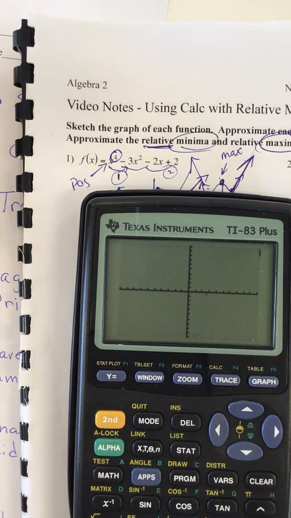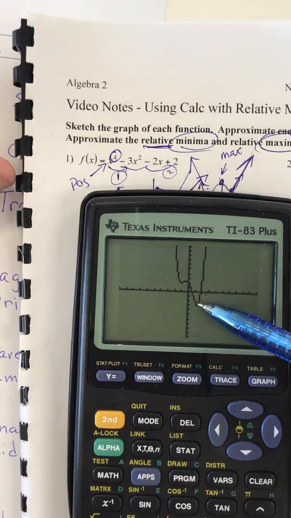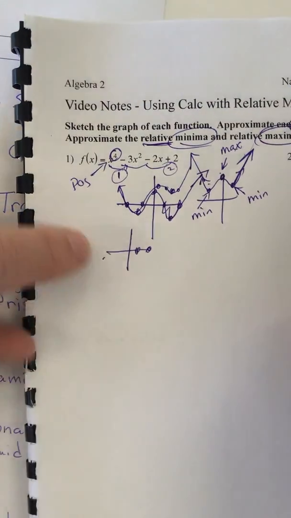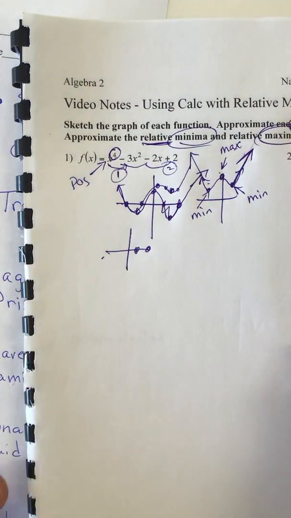See if it shows up there at all. Okay, so for this particular one, the whole thing is showing up there. There is a minimum, there is a maximum, there's a minimum, there's a 0, and there's a 0. And notice the 2 zeros are positive, just like I was anticipating because of the 2 sign changes.